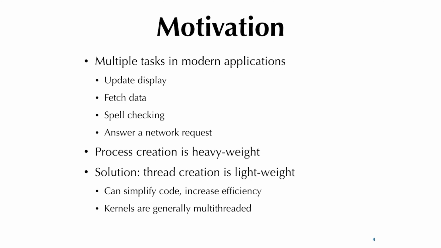So why would you want multiple threads of execution in a process or on the system? One reason is to meet the needs of modern applications. Modern applications often have to deal with multiple aspects. For example, the user interface is one aspect. There's the network side, maybe an I/O side other than network, and maybe they have to run other things.